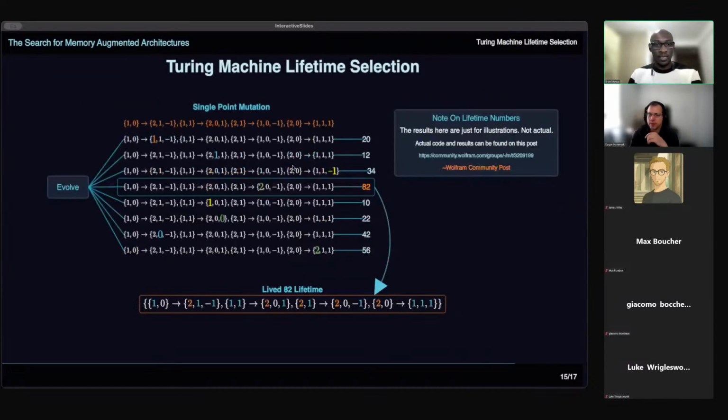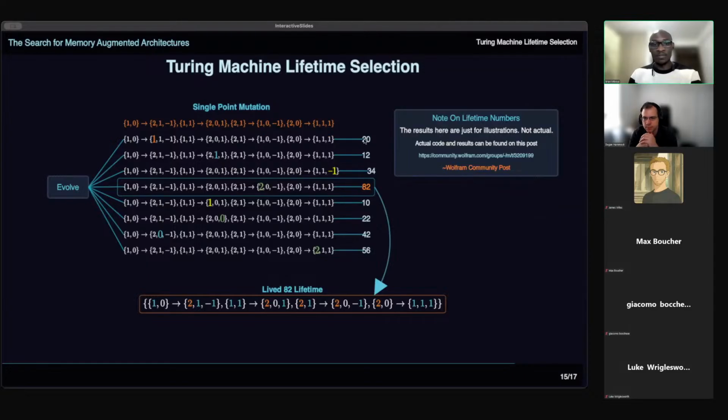The next slide shows how this lifetime selection happens. These are examples, not real values. If I run these rules, I will not get the same values, they all just go to infinity, but these are example values.